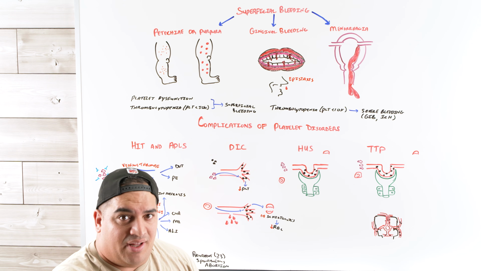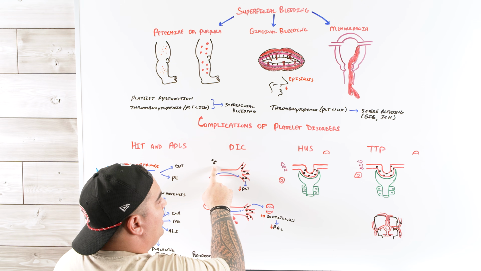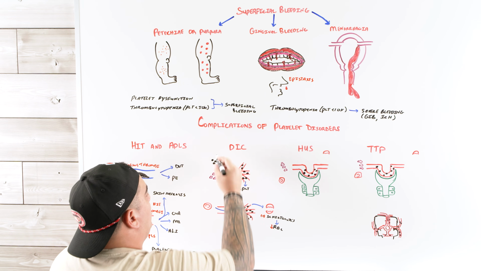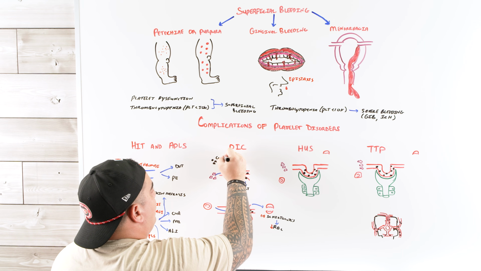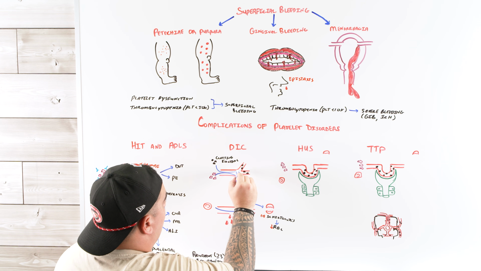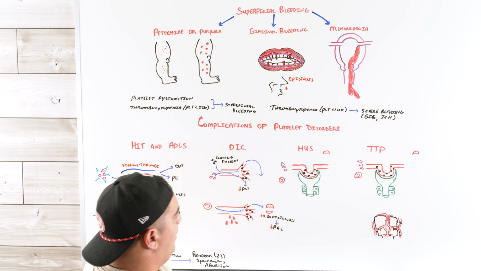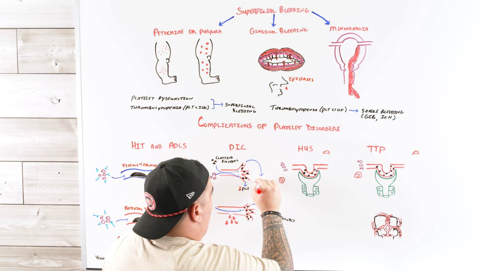The big difference here that's really, really important with DIC is because you consume the clotting proteins, and this is what's key here. You have all of these clotting factors. They're going to get consumed just like the platelets do to make the microthrombi. What happens then is you end up decreasing your clotting factors.